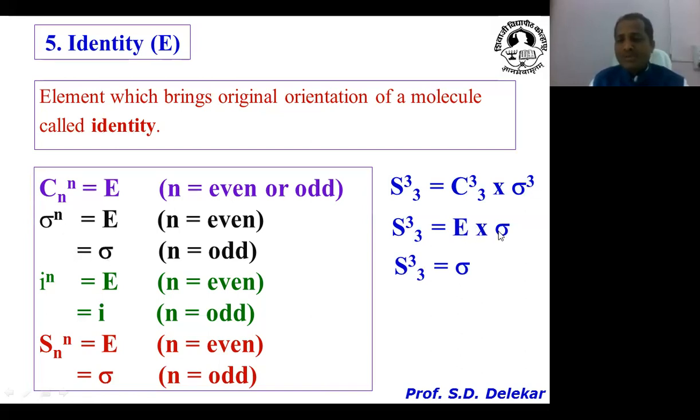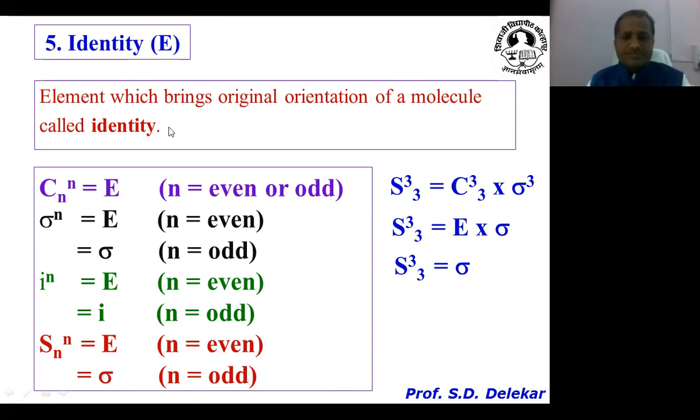So E into sigma, as per the identity rule, when the identity element is multiplied with any other symmetry element, we get the multiplied element. So it is E into sigma, simply sigma. So because of this, Sn raised to n is equal to sigma when n is odd.